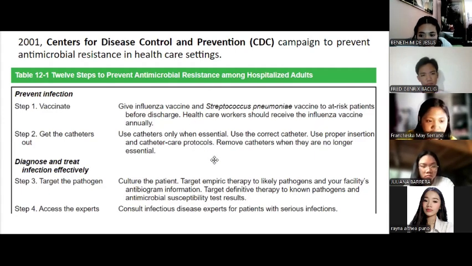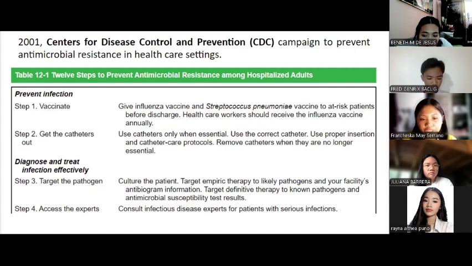Step dito is step 3 and step 4. Target the pathogen and then access the expert. First is, di ba, if may nararamdamang sakit yung patient, they consult a physician. After that, upon consulting, magbibigay ng order yung physician to get a specific specimen depending on the situation. And that specimen should be collected from the patient. Target only the pathogen or culture the patient.